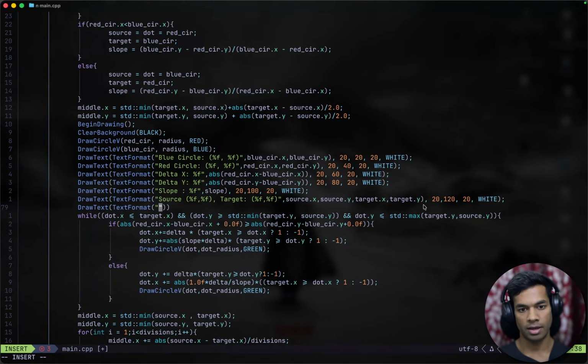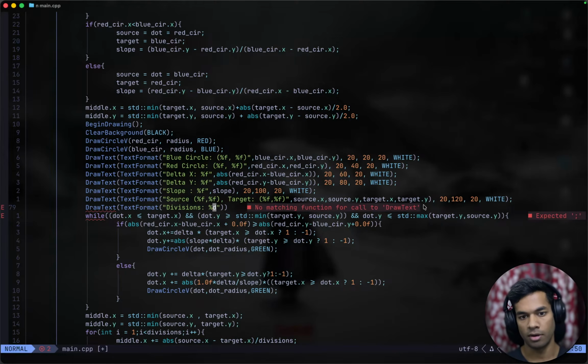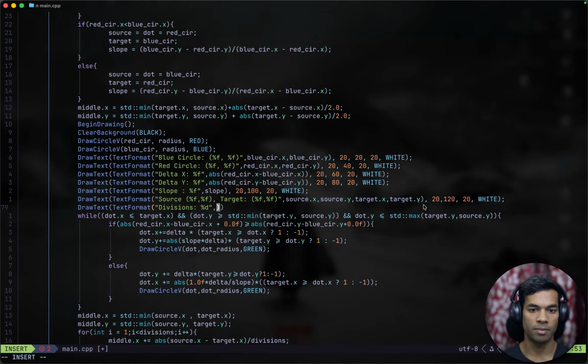Text format, and divisions as a single digit, which would be divisions. And here we have to write where, 20 and 140 comma 20 and 1.